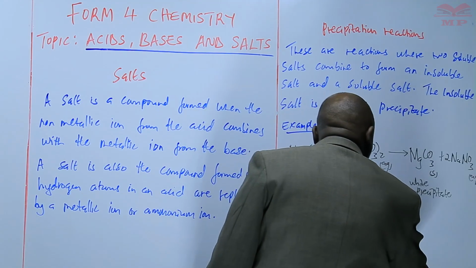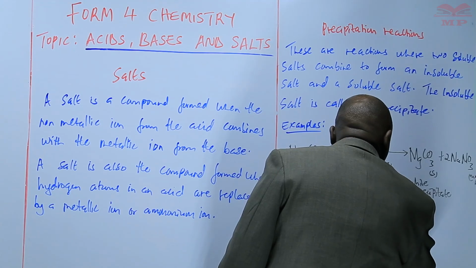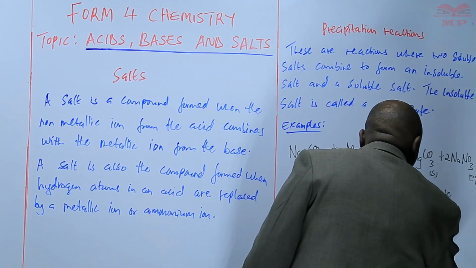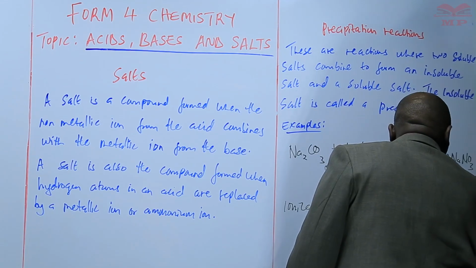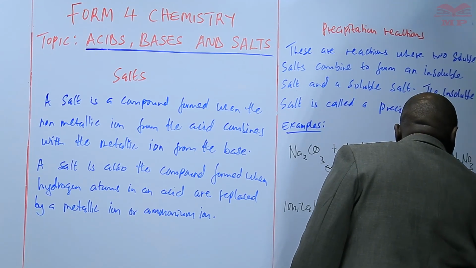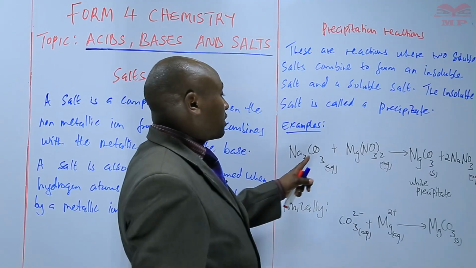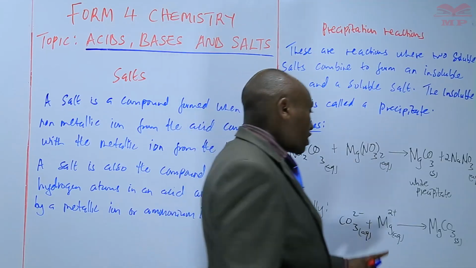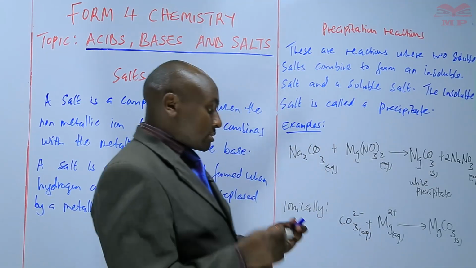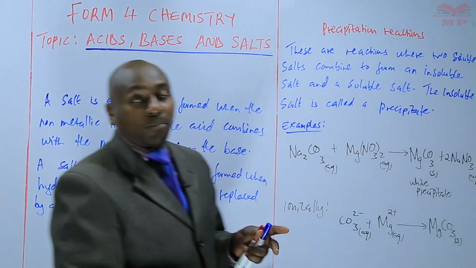They combine with magnesium ions in solution as well to form magnesium carbonate, which is now the white precipitate. So this is the complete equation, and this is the ionic equation that shows how the precipitate has been formed.